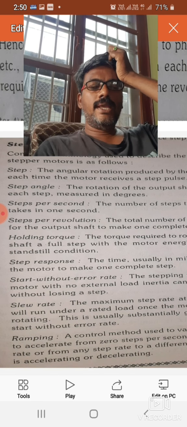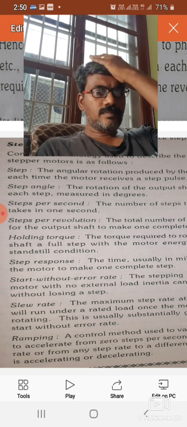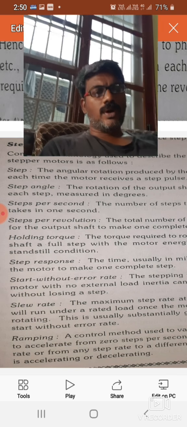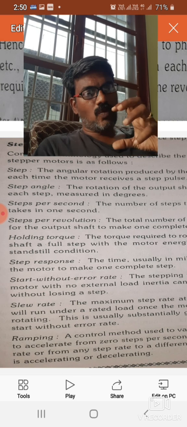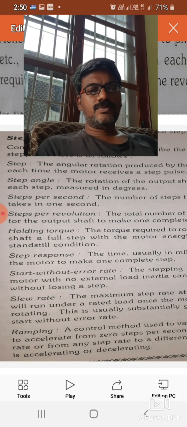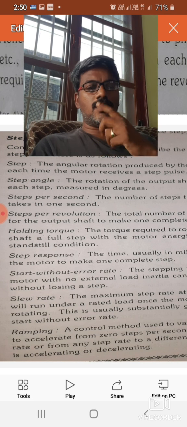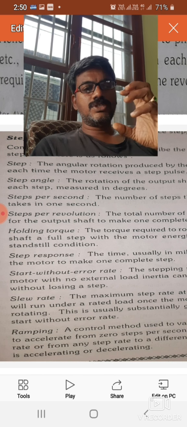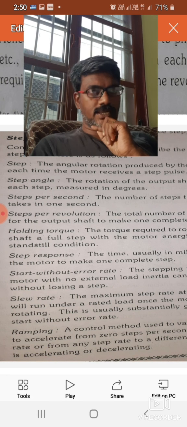What is the torque required to rotate the shaft? To rotate the output shaft a full step with the motor energized and in a standstill condition.